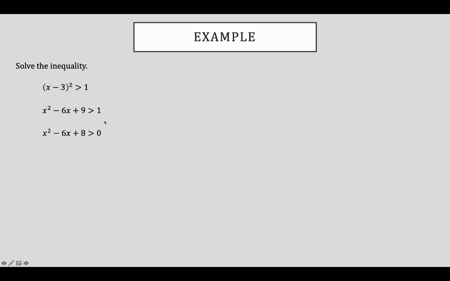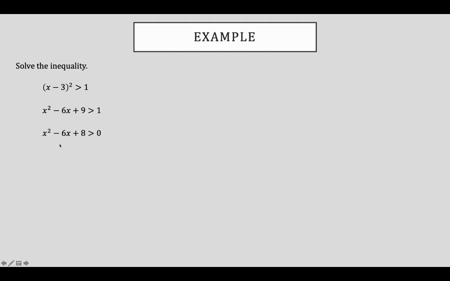We want to set this to 0, so I subtract 1 from both sides, leaving me with x squared minus 6x plus 8 is greater than 0. So we've written it in polynomial form and set the inequality to 0.